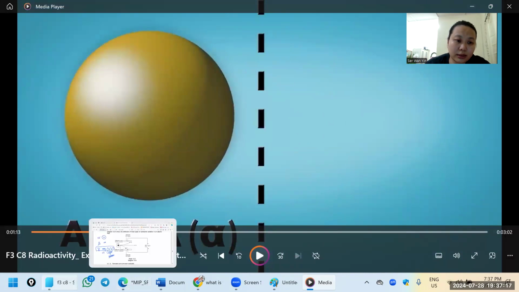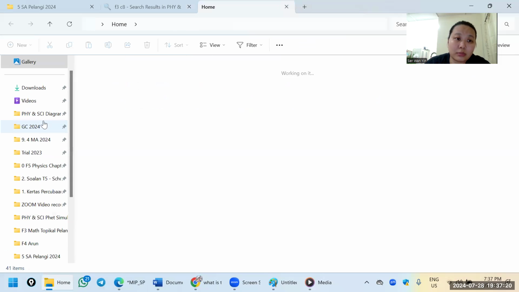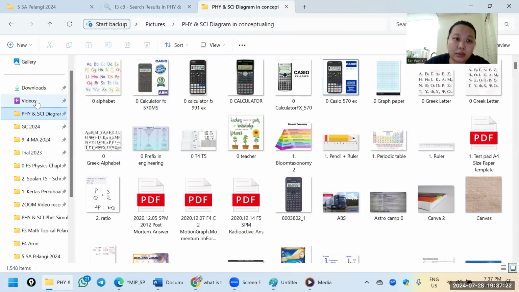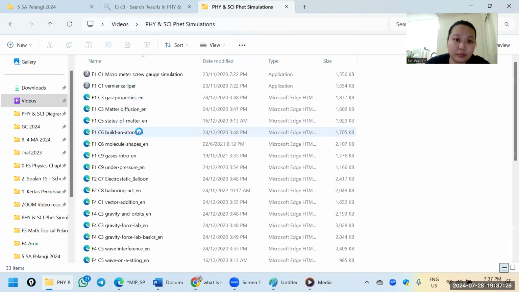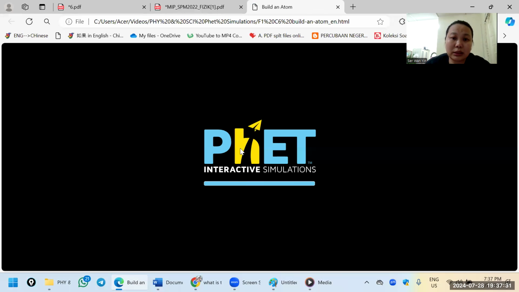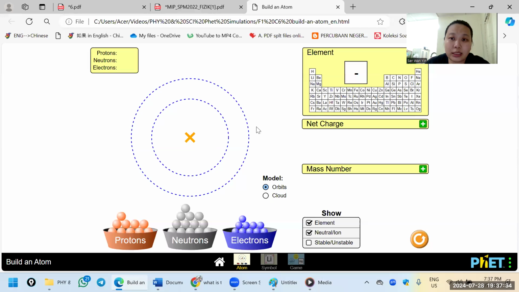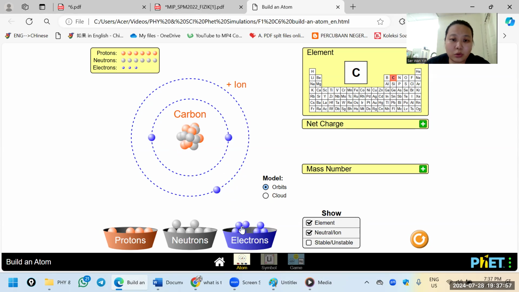Okay, so this one is about the atom, which you learn in chemistry. Okay, let's see this. This is a simulation of building an atom. So see, we name the atom by the number of protons. By the number of protons. See, no matter how many neutrons or electrons, the name won't change.